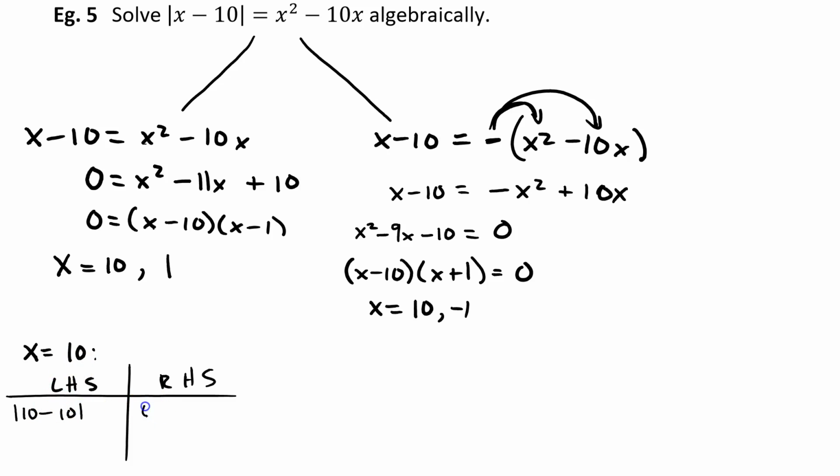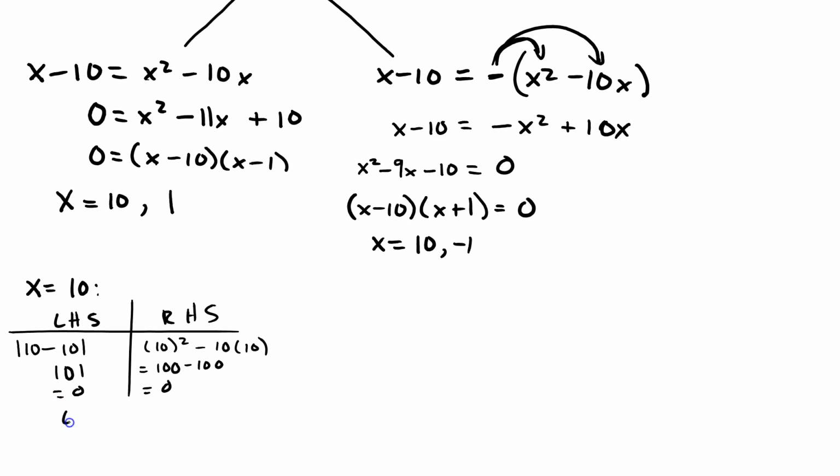And on the right hand side I have 10 squared minus 10 times 10. 10 minus 10 is just the absolute value of 0, which is 0. 10 squared is 100, minus 10 times 10, hilarious, that's a different way of saying 10 squared. 100 minus 100 is 0. Woo! Left hand side equals right hand side is a go. So we can say yes to x equals 10.